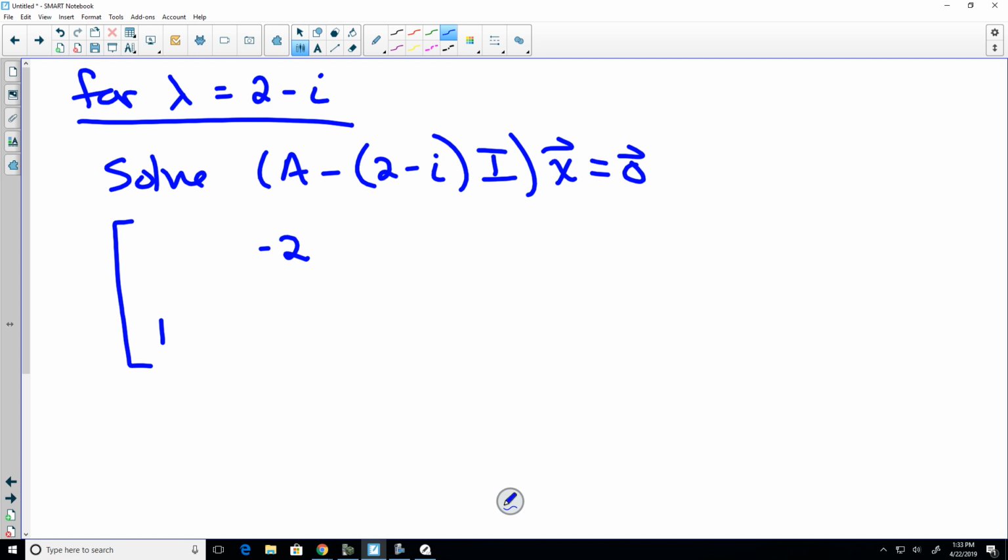So we have to subtract lambda from 1 and 3. So 1 minus 2 is still that negative 1, except now we have plus i because we have a negative i, right? 2 negatives on the i. And then 3 minus 2 is 1, and again plus i here.